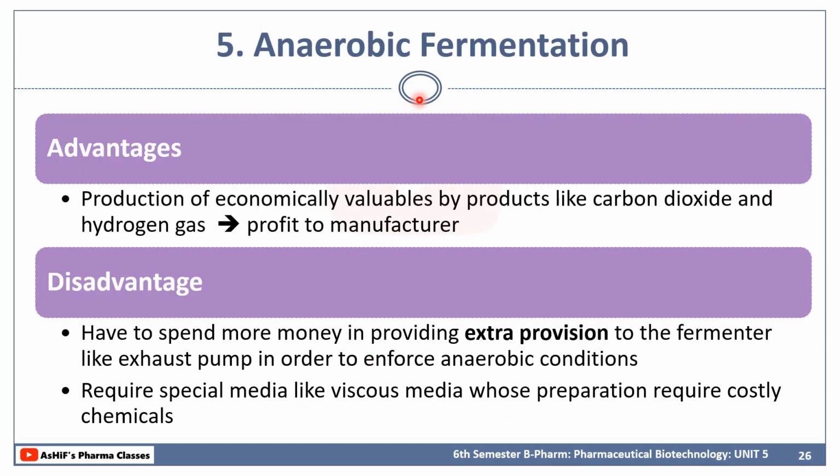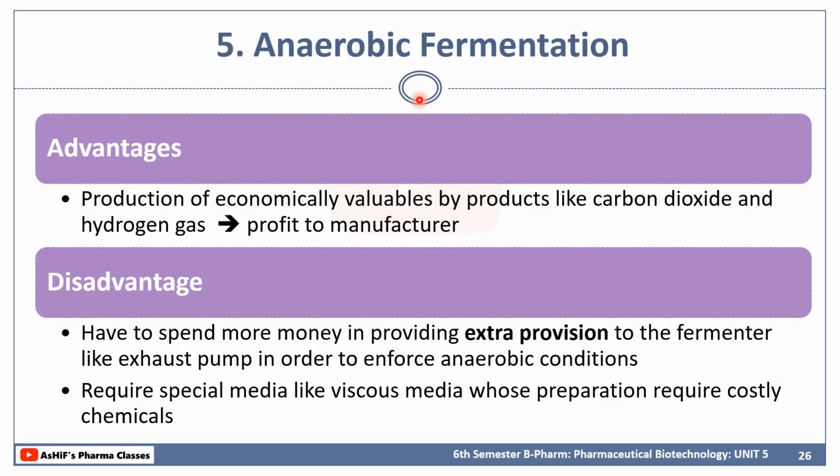Now, what are the advantages of anaerobic fermentation? Economically valuable products like carbon dioxide and hydrogen gas can be produced by this process, so it will give more profit to the manufacturer. But there are some disadvantages, because maintaining anaerobic conditions is very difficult.